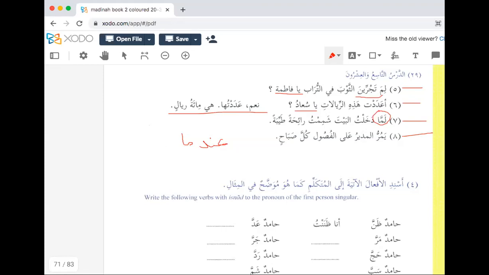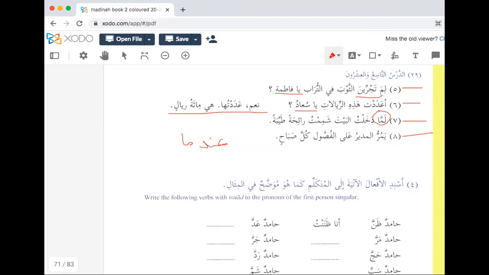Naam. A good smell. I smelled a good smell. Yeah, shamim to is smell. Tabi, yes. But raihatan is a smell. And tayyiba is a good smell. It's good. So I smelt a good smell. Okay. I smelled a good smell.